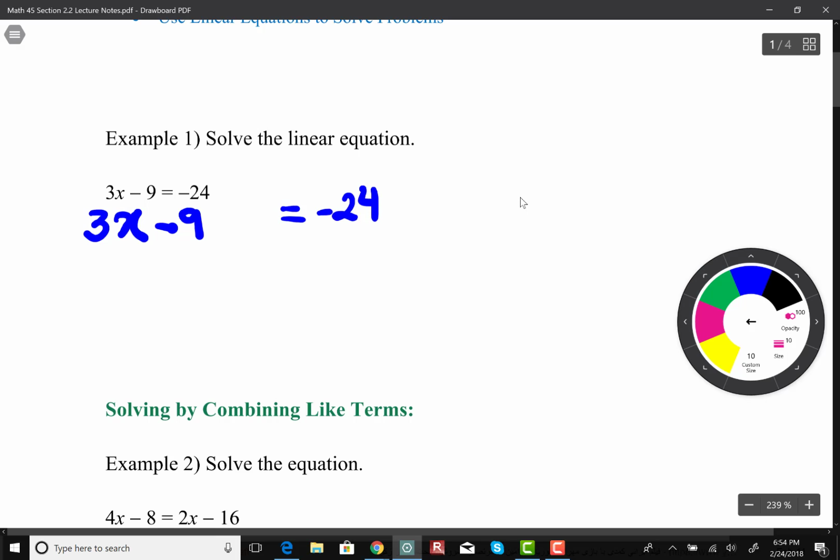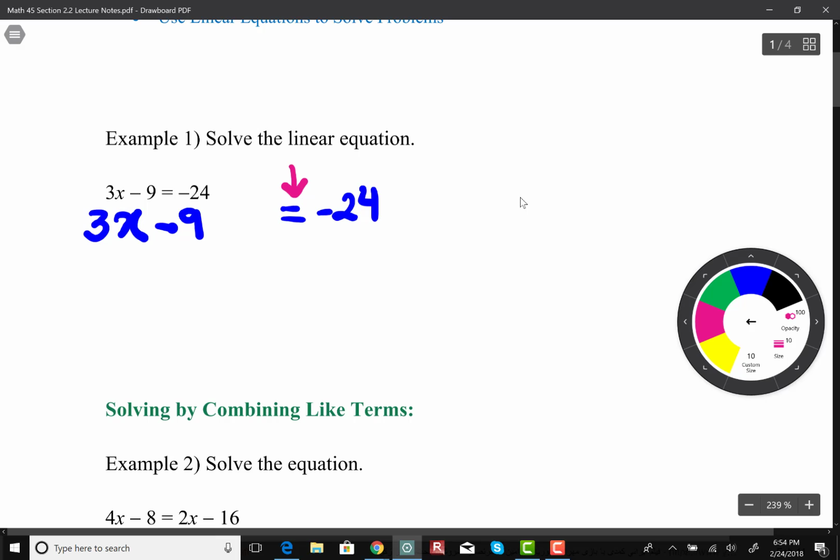With the addition property, we have to pay attention to where the equality sign is. The left side of the equality sign is one side, and the right side is the other side. Whatever we do to one side, we have to do to the other side.